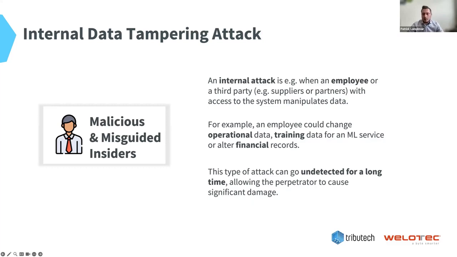There were many cybersecurity incidents in the past where employees or contractors manipulated data on a database level, for example, and this can go undetected for a long time because it's actually authorized access, and you detect it when it's basically too late and the damage has already happened.